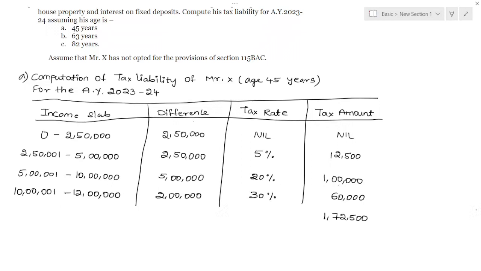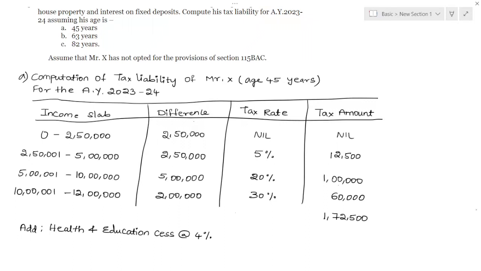Add health and education cess. How much is the rate? At the rate 4%. Now you may ask me a question. Sir, you did not talk about surcharge. Neither did you speak about rebate. Why did you directly go to health and education cess at the rate 4%? Look, for claiming rebate, your income should be up to 5 lakhs rupees. But is it within the 5 lakhs limit? No. It is more than that, 12 lakhs. So that's why no rebate is available.